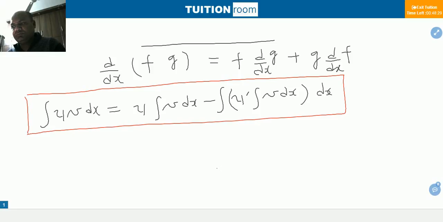First function into integral of second one, then minus differentiation u dash, which means differentiation of first function. Here u dash means d by dx of the first function, into integral of second function, then as a whole integration. Now you are all required to mark this, to remember this formula.